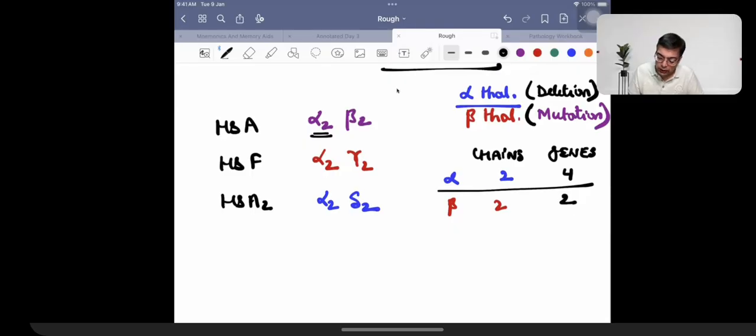What is the chromosome present in them? That is what is usually known to a lot of people. Chromosome number 16, chromosome number 11. Right? That's what you need to remember.